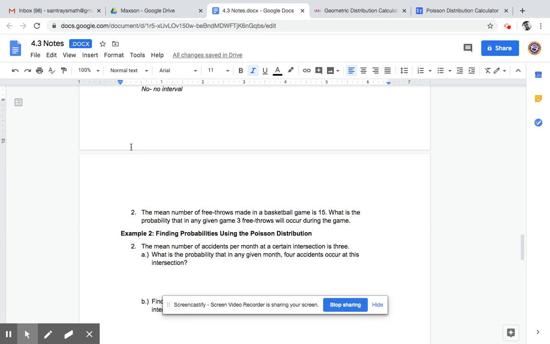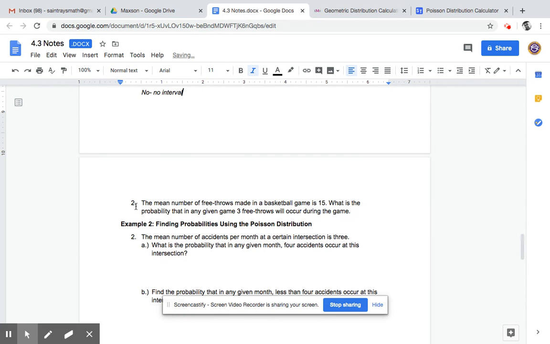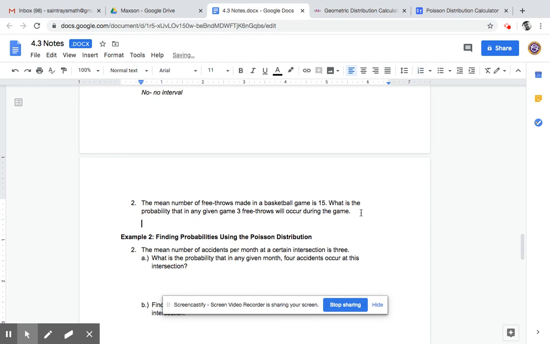Let's take a look at number 2. So number 2 says the number of free throws made in a basketball game is 15. What is the probability that in any given game, 3 free throws will occur during the game? So now they gave us an interval. They say during the game. So that's important. And it gives us a mean.